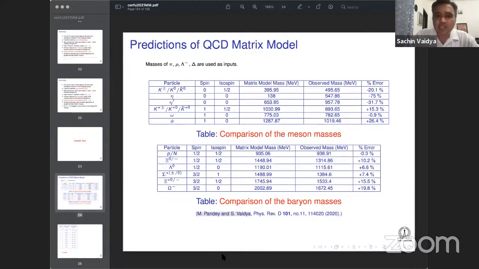For me personally, the exciting part is to compare with things that are printed in the Particle Data Book, because to me that is the ultimate test of whether the matrix model is good for anything at all. And I think that the matrix model passes that test quite well.